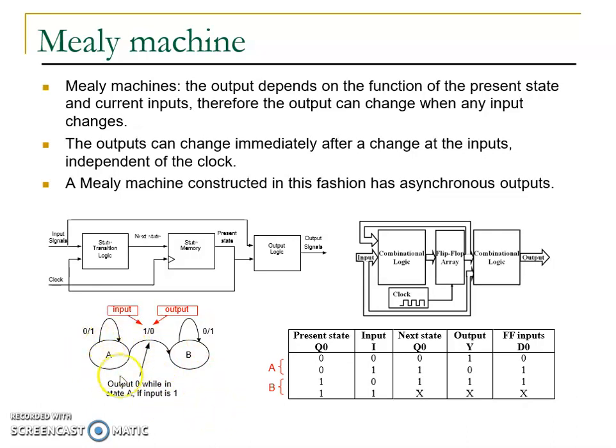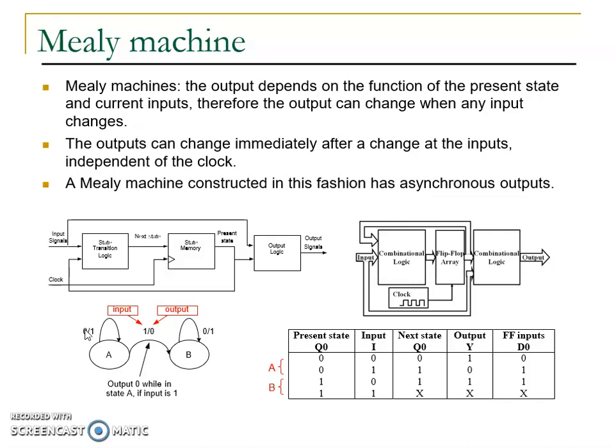We can see that they have two states, A and B. The main difference between the Mealy machine and the Moore machine for this state diagram is the input and output configuration. You can see that for state A, the input and output are right outside the state. We write the input first and then slash with the output.